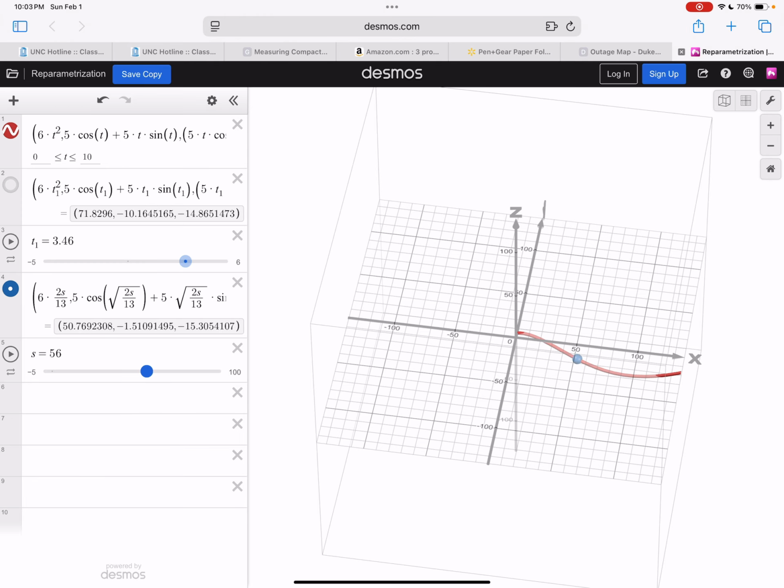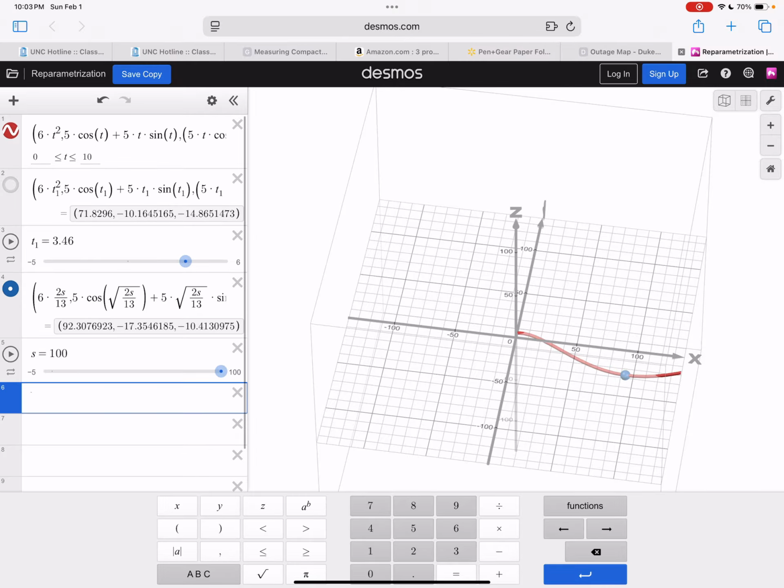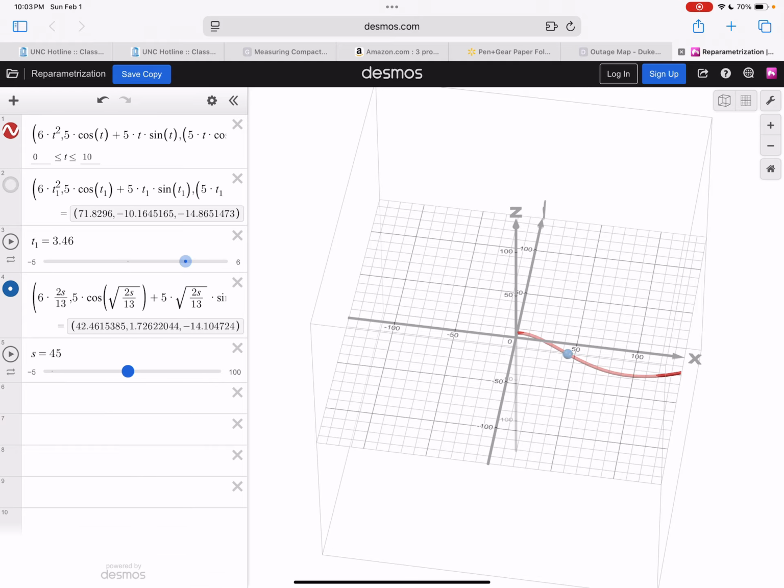And if I go to 100, then it's moved 100 units. Once again, it's not right on the 100 because this thing is curving. That's what this does. Just to contrast, let me turn this one on.